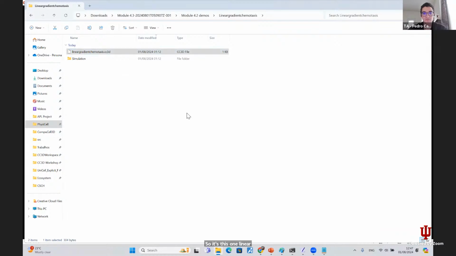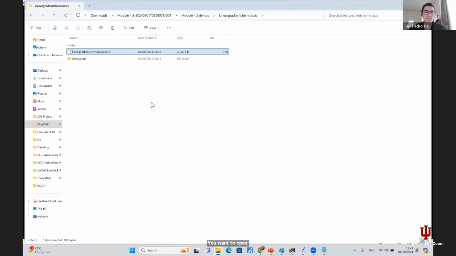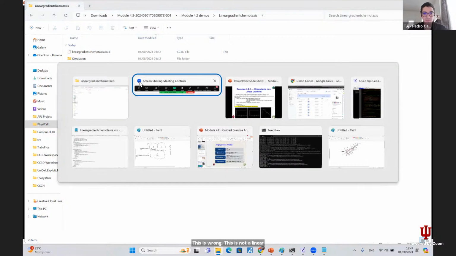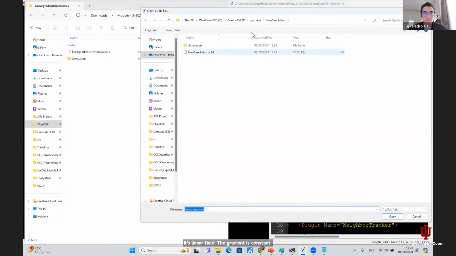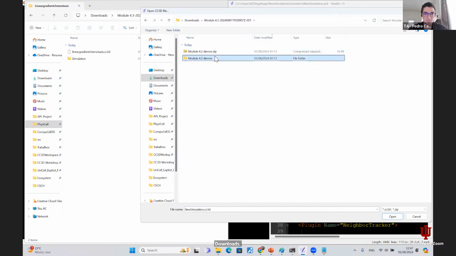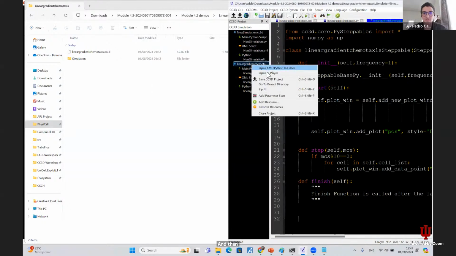This is the one you want to open. And again, this is wrong. This is not a linear gradient. I hate this. It's a linear field. The gradient is constant. Incorrect. So this is Downloads, module 4.2 demos, and then linear gradient chemotaxis. This is the one.